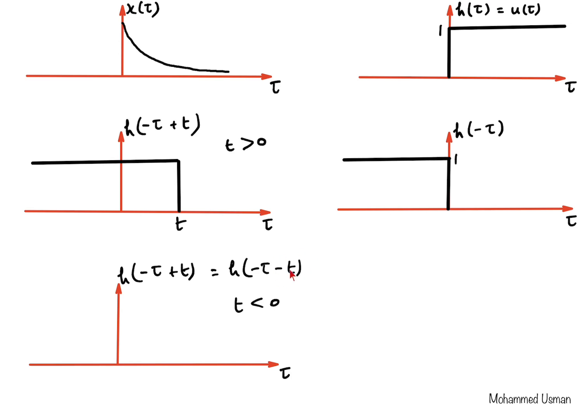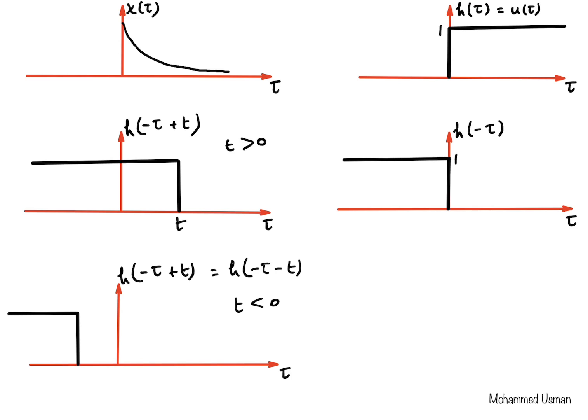And whenever this shift is a minus here, that usually means a right shift, but because the time axis is already reversed, that will now be a left shift. So h of minus tau minus t when t is less than 0, because t is negative now, will be a left shifted version of h of minus tau. That means it is this thing shifted to the left by some value t. So we'll have it something like this. It will come from here, and it is shifted to the left by some t.